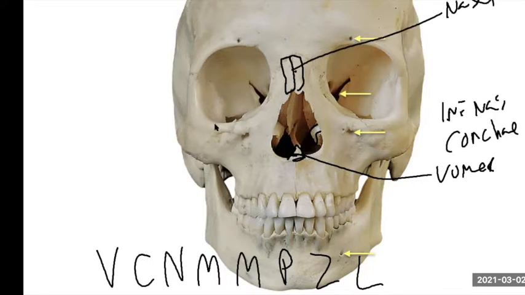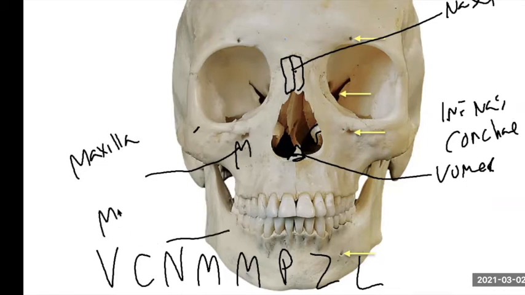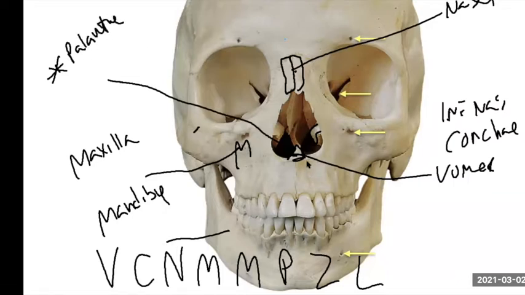M is for maxilla. Maxilla. Or if you want to make it the mandible, your jawbone basically. P is for palatine bone, which you can't see. It's back over here at the very back. It's making up the last part of the roof of your mouth. Palatine bone.